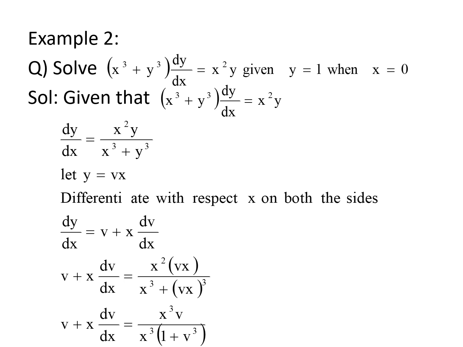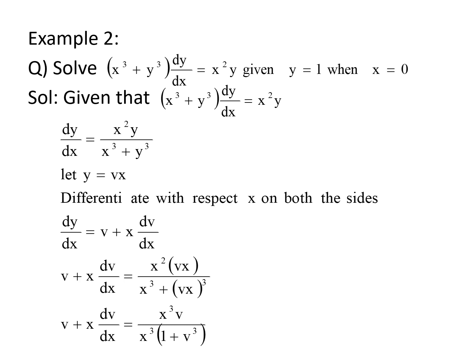How did we write this line directly? First of all we replace the value of dv by dx, and after that substitute the y value, where y value is vx. Then we directly wrote x square into, in place of y, vx, divided by x cube plus y cube, which means vx whole cube.